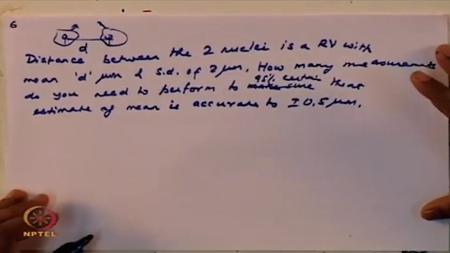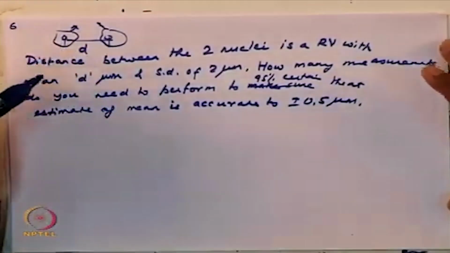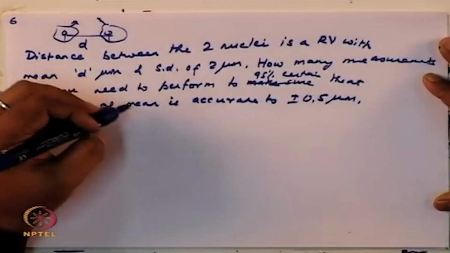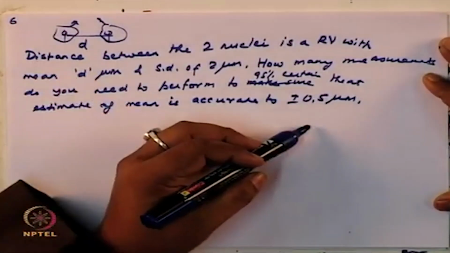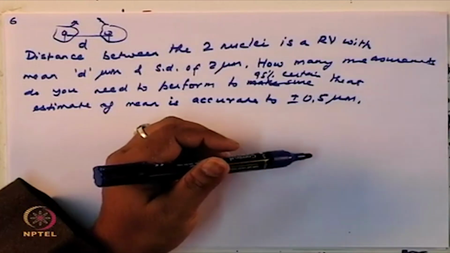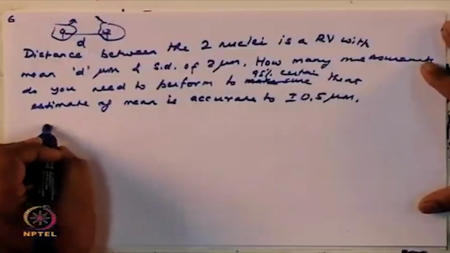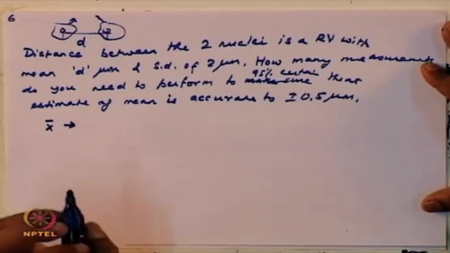So, the question is asked. You have this D as the average. You want to know that the estimate of the mean is accurate to plus minus 0.5 microns, and given the scaling sigma by root n, we know that if we increase n, the sample size, then you would get a much better measurement. So, mathematically, x bar is the distance between the two cells.